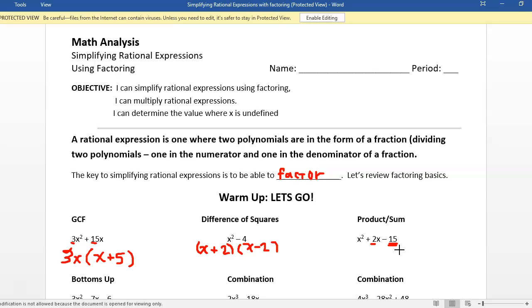In this case, I need two numbers that multiply to a negative 15 and add to a 2. So my two numbers I'm thinking of are 3 and 5. And because I wanted to add to a positive 2, I know it's going to be x plus 5, x minus 3.